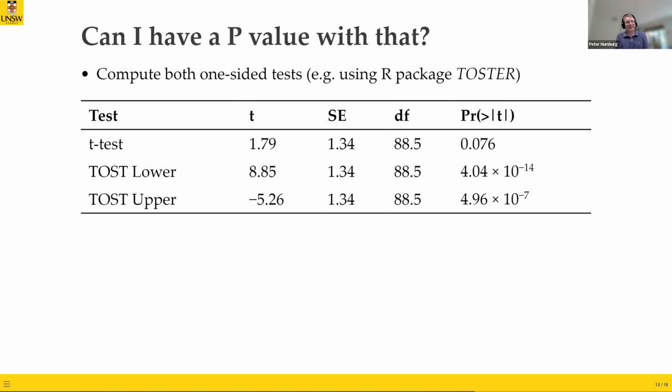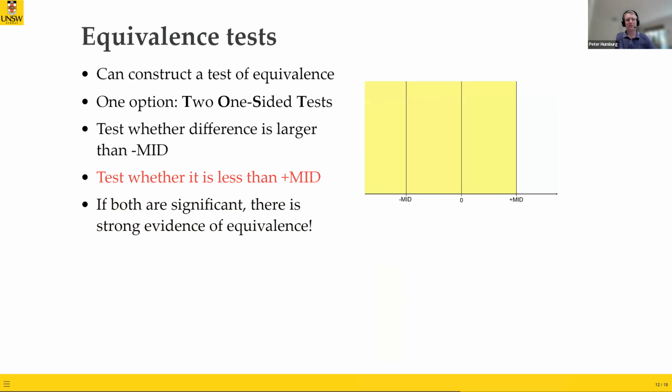Oh, I don't know about Prism. I mean, in theory, it can be done in anything. In theory, you can set this up manually, right? So you can do these two one-sided tests yourself.